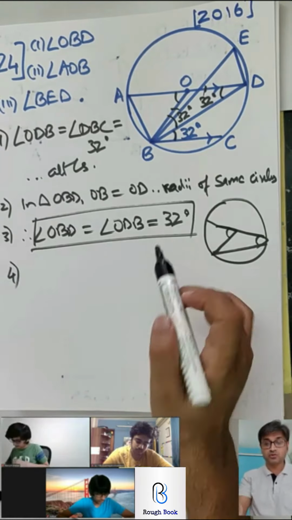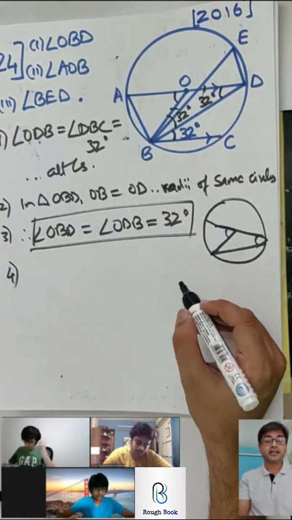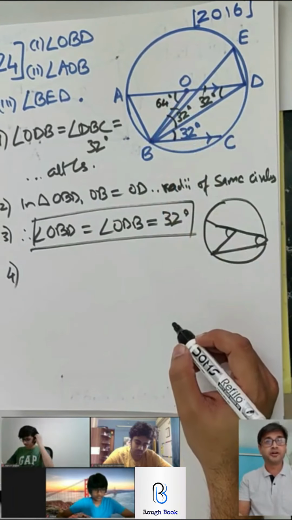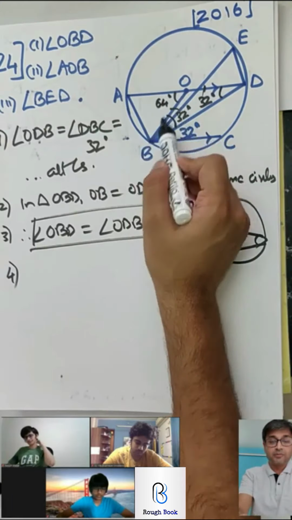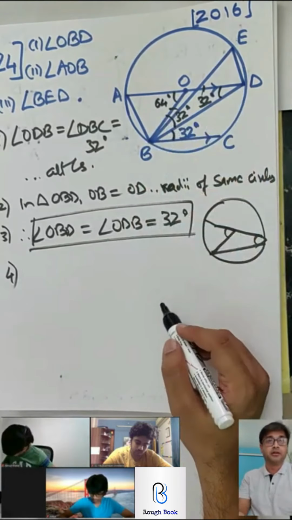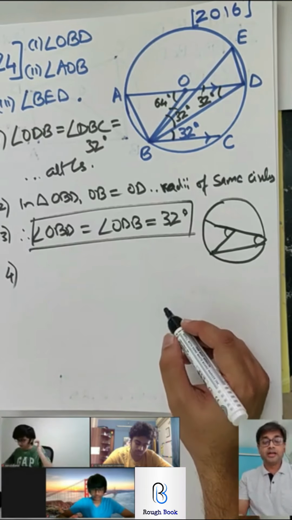The first one, the easiest one, just say that AOB is double of ADB. Angle at the center is double the angle on circumference, and get it as 64 straight away. The second one could be AOB equals OBD plus ODB, remote interior angle theorem. But that is still far. The easiest one is AOB double of ADB.